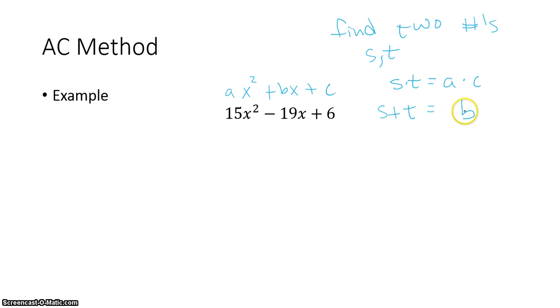The a, b, and c come from this general form. So my a in this case is 15, my b is negative 19, and my c is 6. So I need two numbers, s and t, where s times t equals 90, and s plus t equals minus 19.